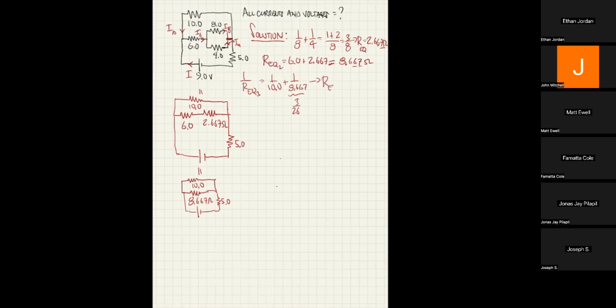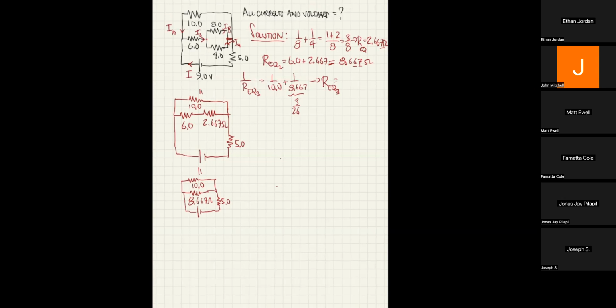I'm just going to say R equivalent 3. You guys should try to work this out on your own as well. I can do it in my calculator: parentheses 1 divided by 10, and then plus parentheses 1 divided by 8.667.